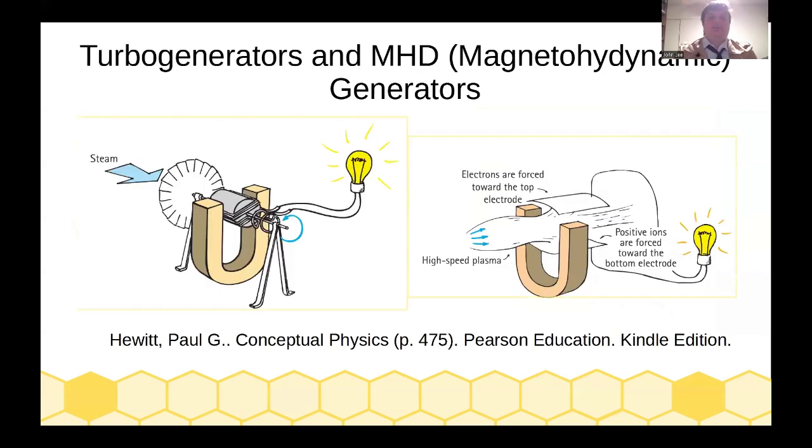So, two ways that we do this are with turbo generators and MHD, or magnetohydrodynamic generators. A turbo generator is just using steam from some source and putting it through an apparatus which is going to cause the wire to rotate around, which is going to cause there to be a generation of electricity, of alternating current.